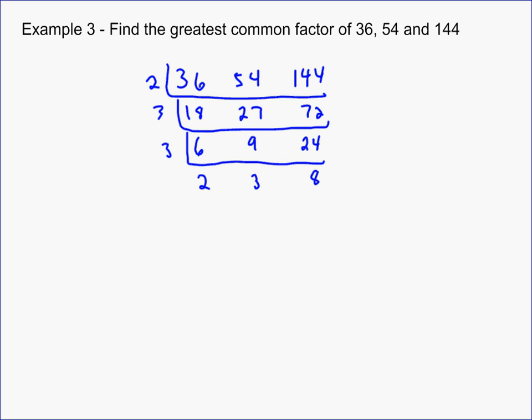And we know we're done because 2 and 3 are relatively prime. If any 2 of the 3 are relatively prime, then you know you're done because there's nothing that goes into all 3 of them. So the greatest common factor is going to be the numbers on the left, which is 2 times 3 times 3, which equals 18. So the greatest common factor of 36, 54, and 144 is 18.